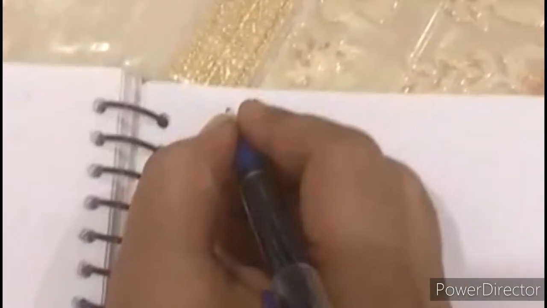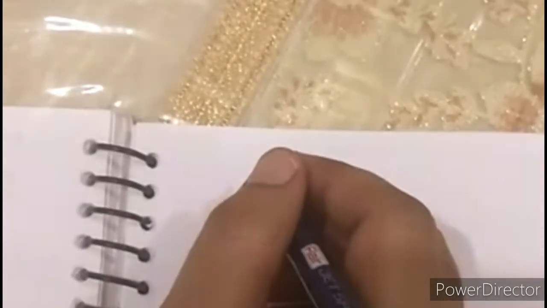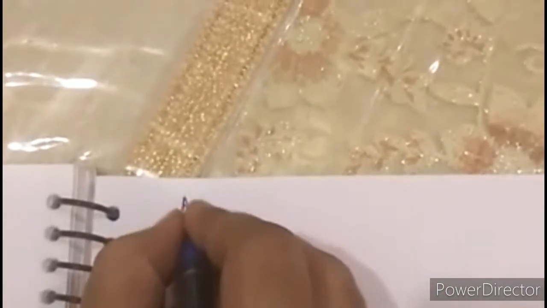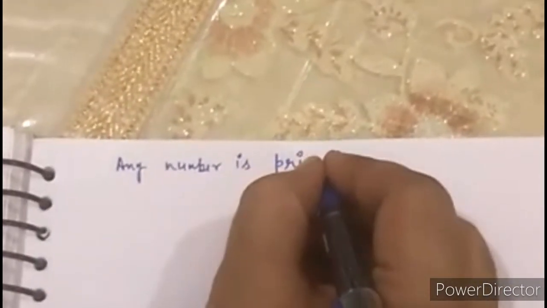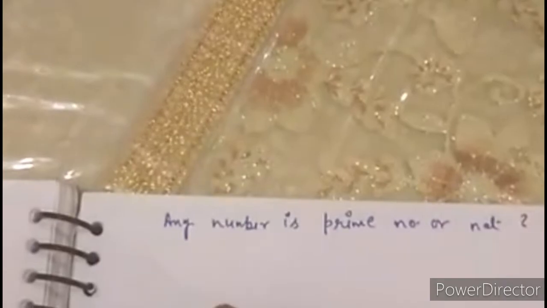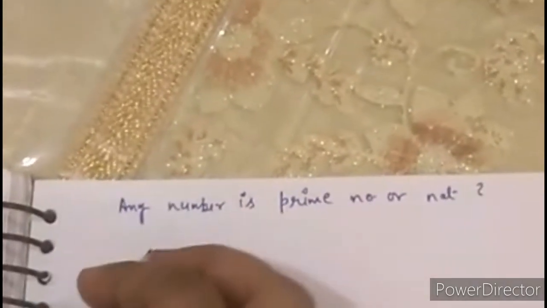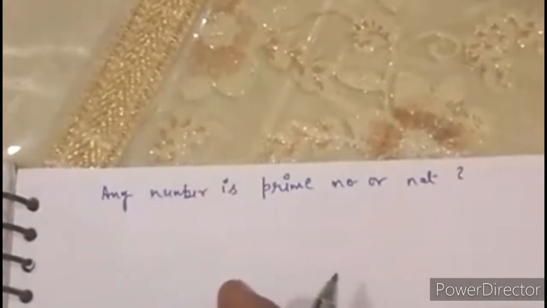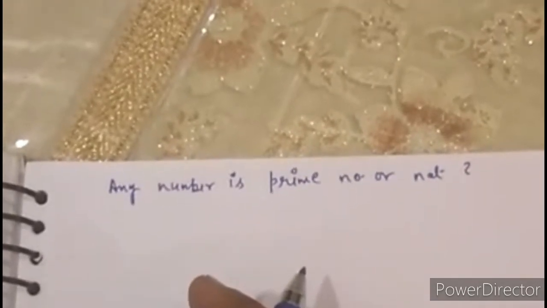Okay. We may have a question whether there is any method to find whether any given number is prime or not. Yes, definitely we have a method. Just find the square root of that particular number.